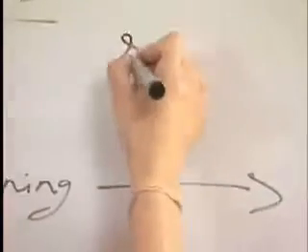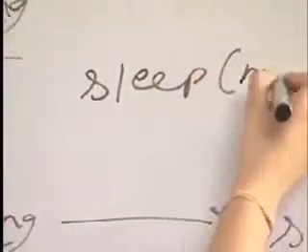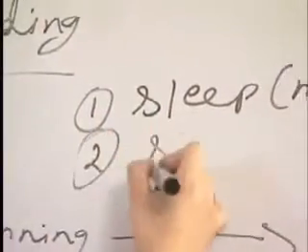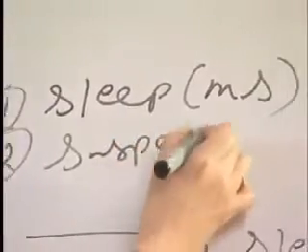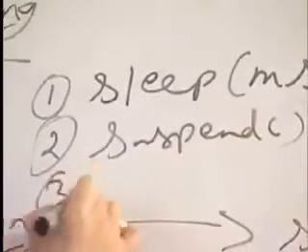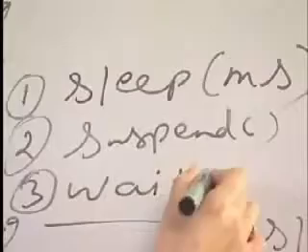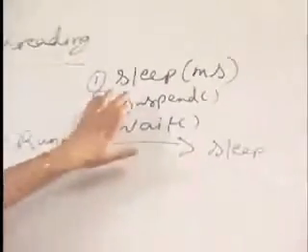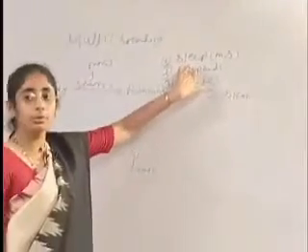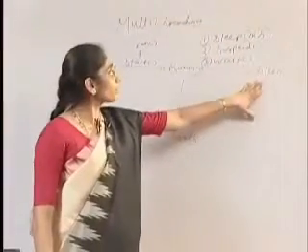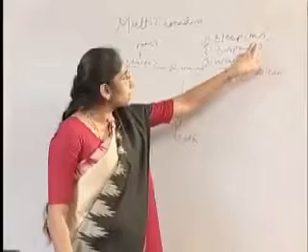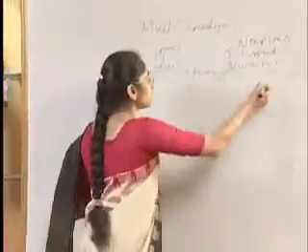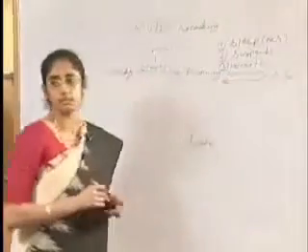That is, using the sleep method, which takes milliseconds as a parameter, using the suspend method, or using the wait method. If we use the sleep method, the thread will be in a sleep state for the specified number of milliseconds, after which it will automatically come back into a running state.